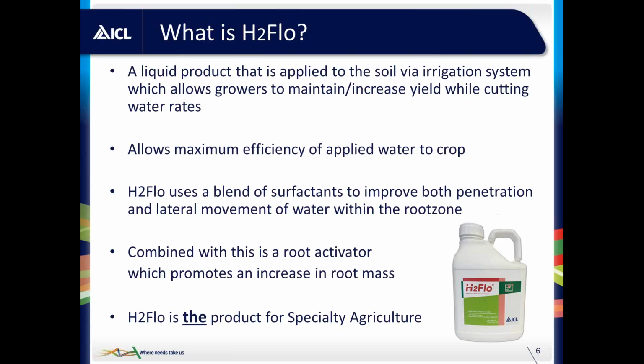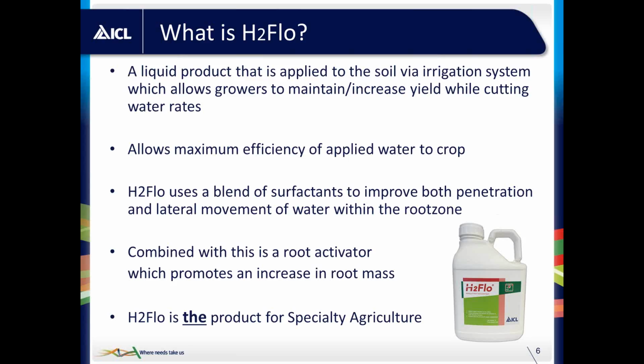H2Flo is a liquid product that is applied to the soil via the irrigation system, which allows growers to maintain or increase yield while cutting their water rates. It allows for maximum efficiency of applied water to the crop.